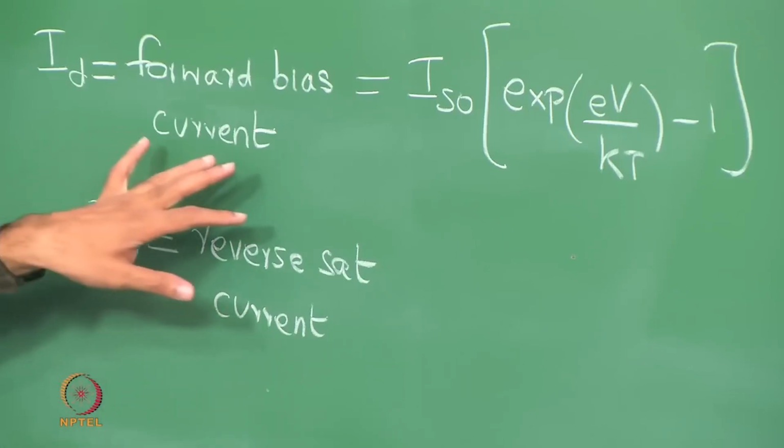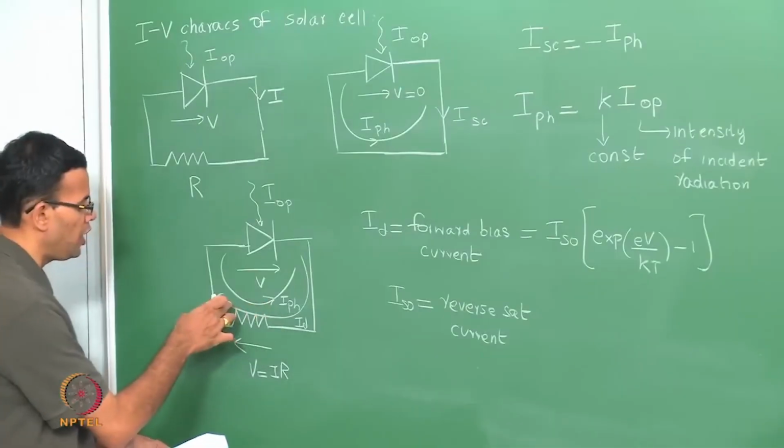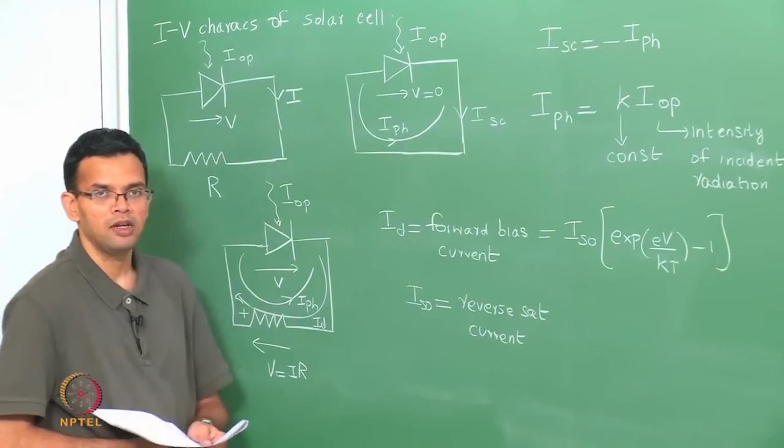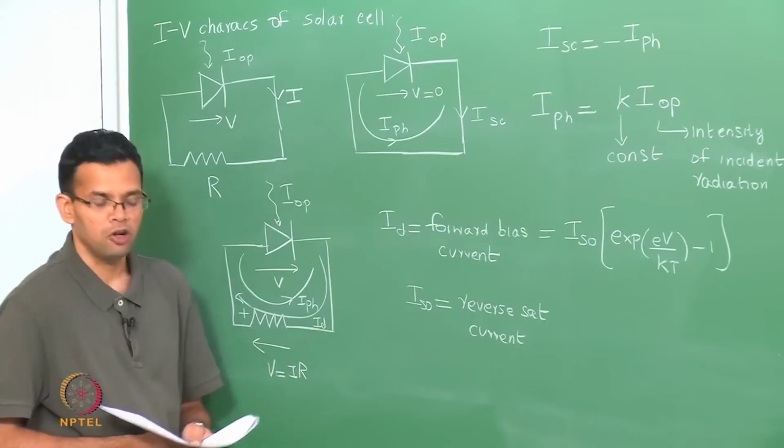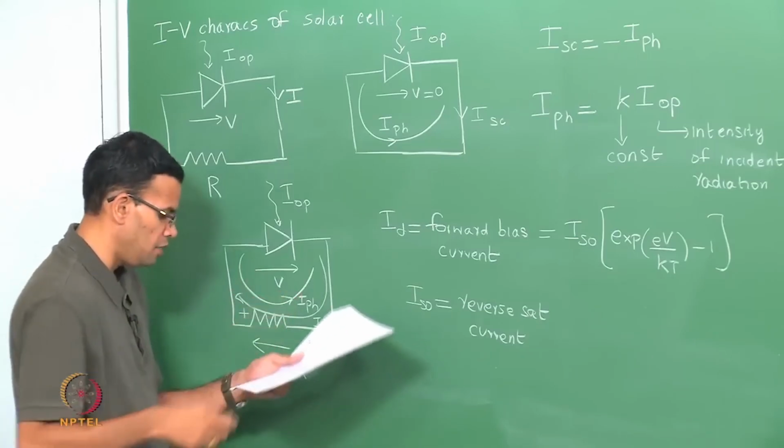So, we have a forward bias current that goes in one way, we have a photocurrent due to the radiation that falls on your sample that goes the other way.